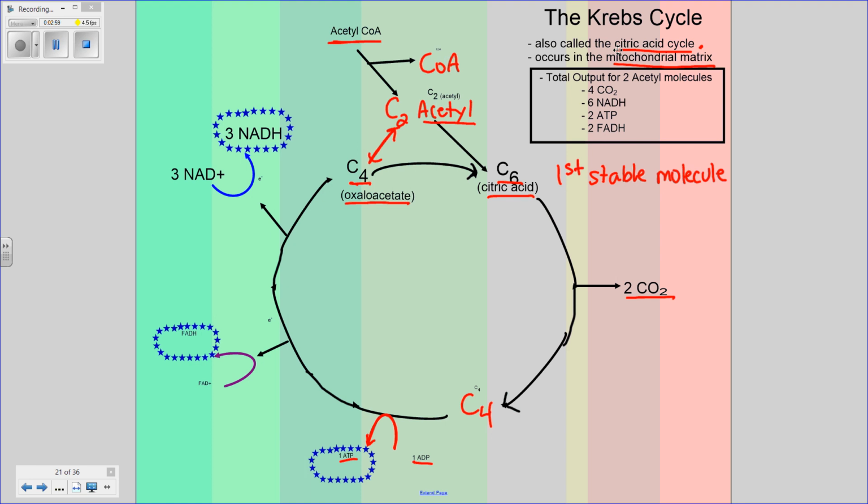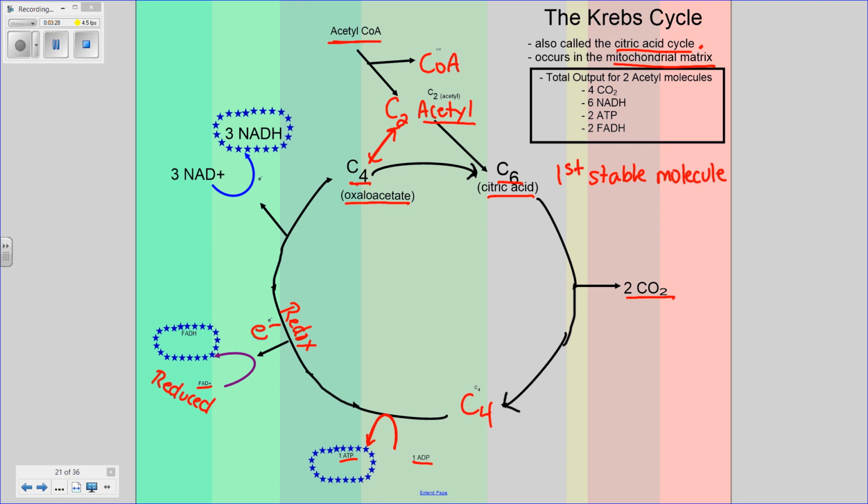Next thing we do, we're going to remove an electron. So don't forget what kind of reaction is going to be exchanging electrons back and forth? Redox. Who is being reduced in this situation? In other words, who's getting the electron? It's going to be a molecule called FAD+.